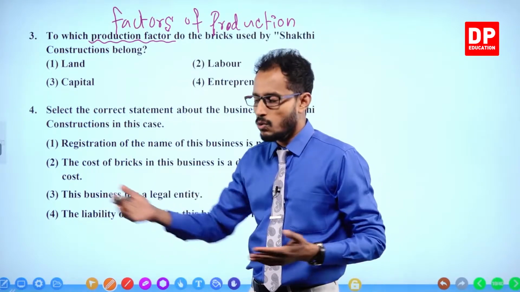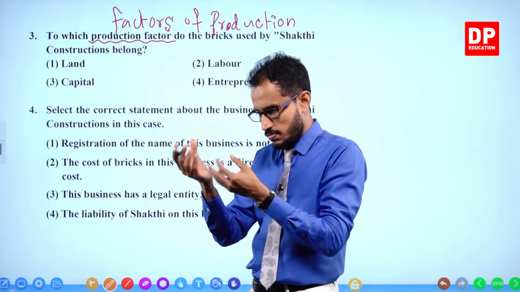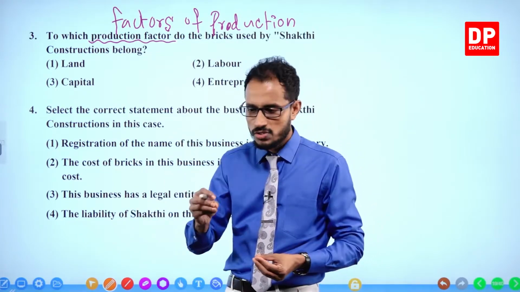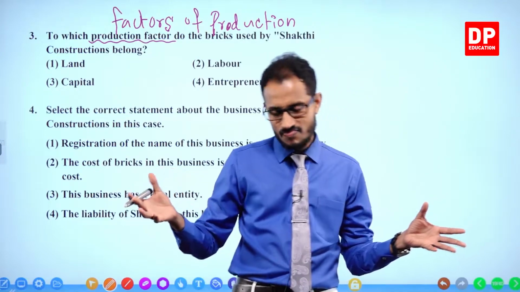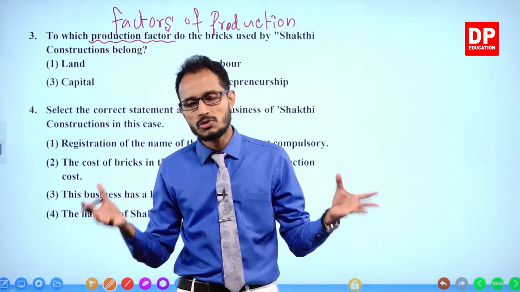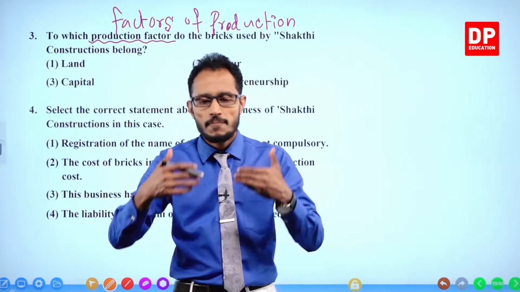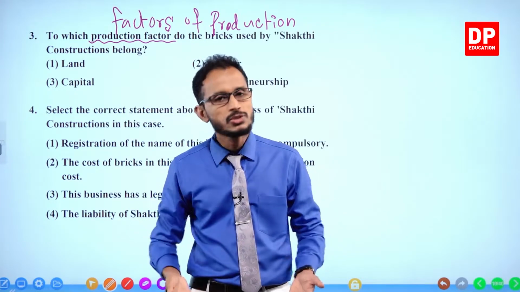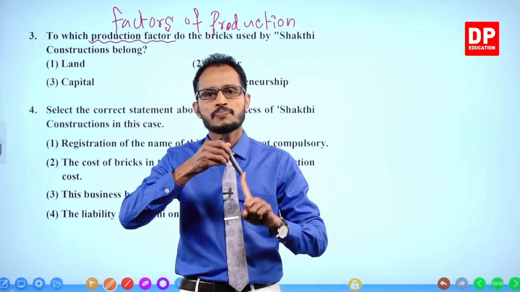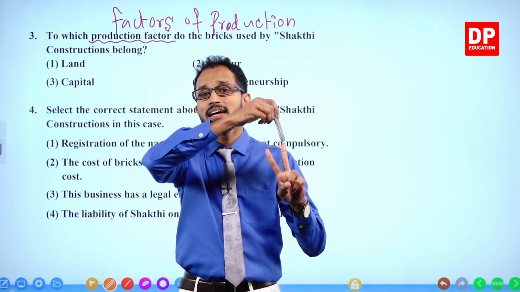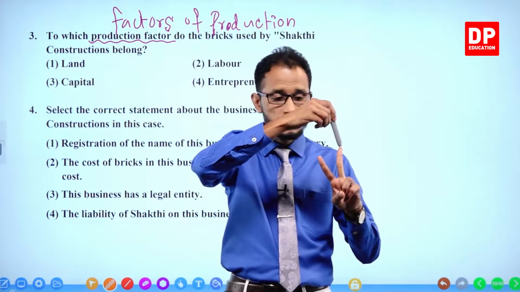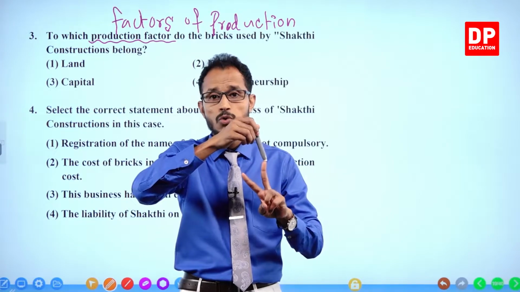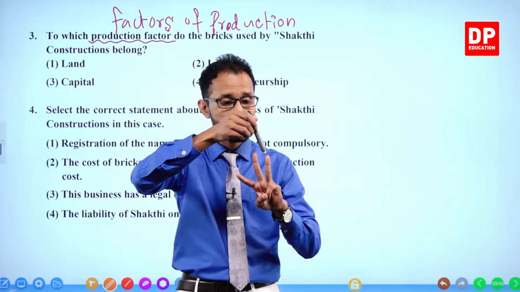Land means all the natural resources used by the production process, 100% natural inputs taken for the production. Ingredients, natural, all goes under land. Labor means all the human resources, the employees who take part in the production process.